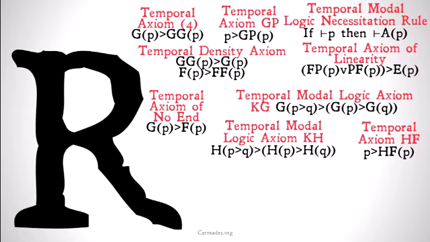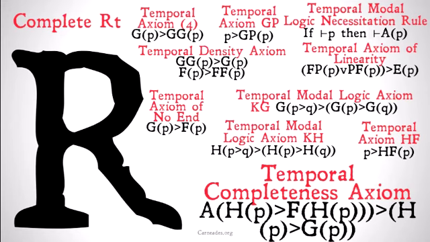And finally, if we want to move past density and include everything from QT, but add in completeness, we're going to be able to get complete temporal logic, also known as RT. To get this, we're going to add our temporal completeness axiom, which basically is going to allow our numbers now to map onto all of the real numbers and to say that there are no gaps in our number line.